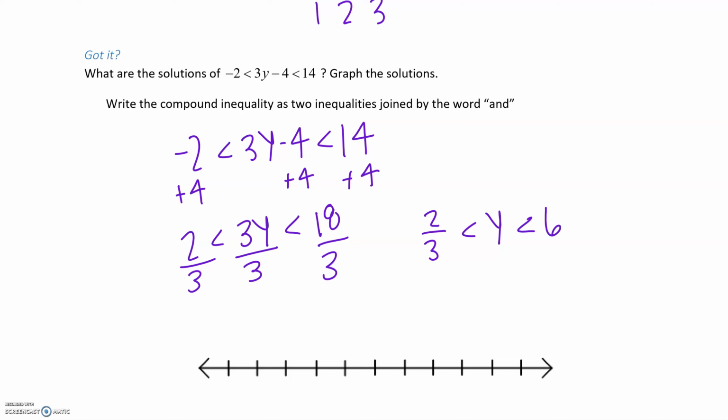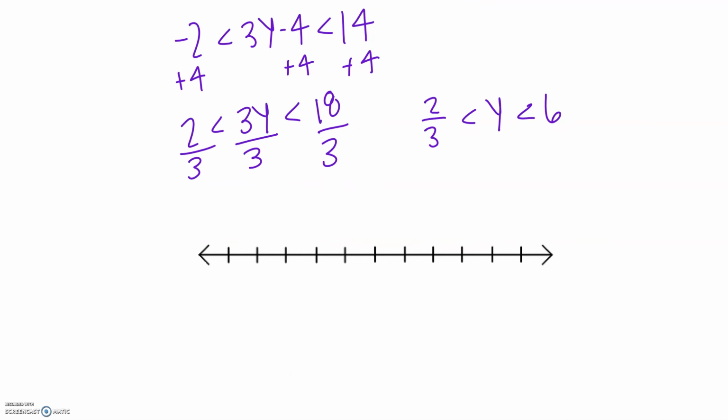Okay? So we are going to have 0, 1, 2, 3, 4, 5, 6. Okay, so 2/3, we're going to start at 0, go up about 2/3, and we are going to have an open circle at 2/3. So an open circle right around there. We're going to have an open circle at 6, and we are going to shade in between.